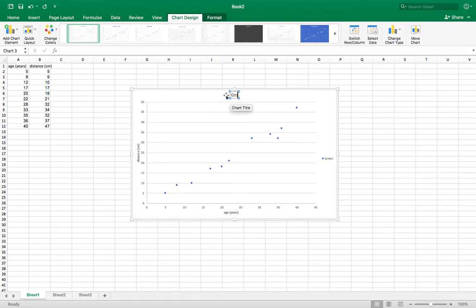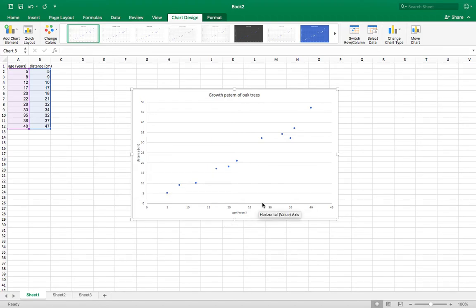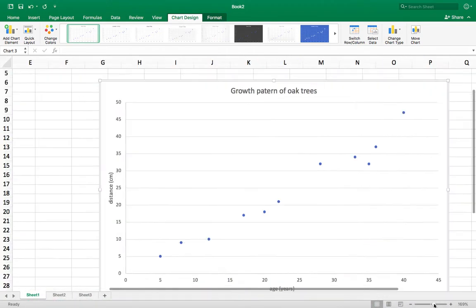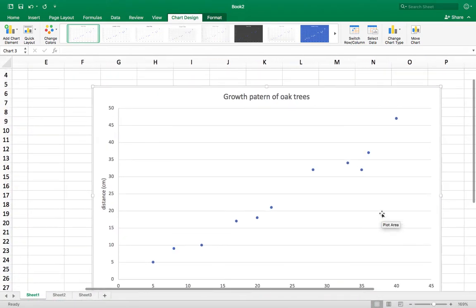With the series here, I don't need it, so I can delete it. Now you see that this is my graph. I have my titles, X and Y, and I have my graph axis.